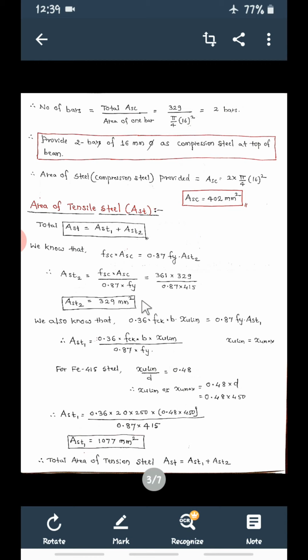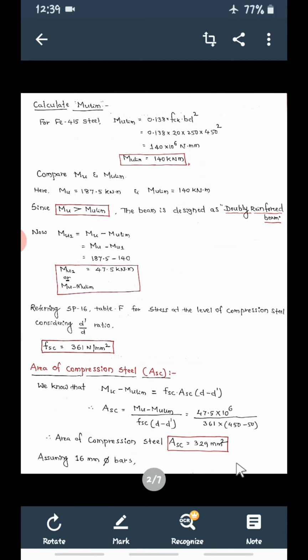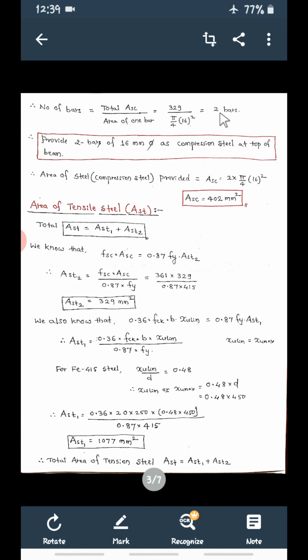Required is 329, and we are providing 2 bars of 16 mm, means actually we are providing 402 mm square. So this much we are providing.